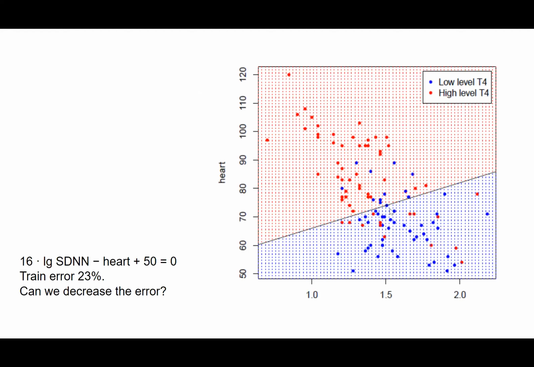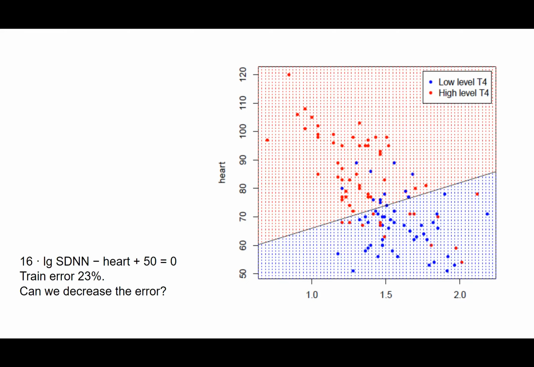For example, you can find this line with equation 16 times logarithm of SDNN minus heart plus 50 is equal to 0. Now it's not important how I obtained this line. In fact, I used support vector machine algorithms, but it's not important.